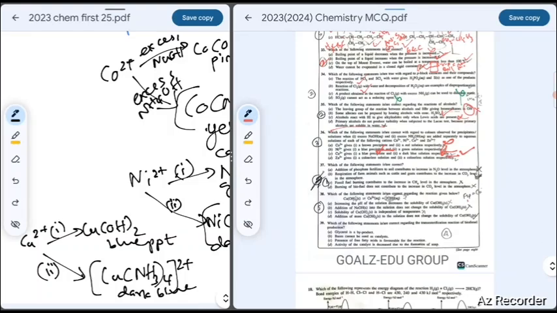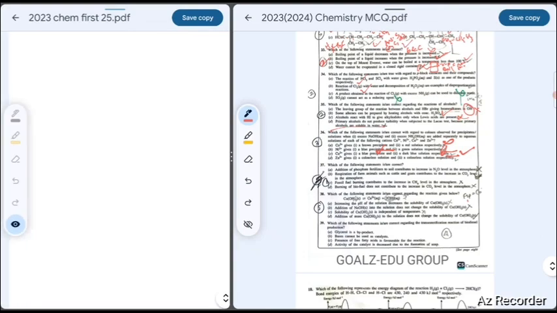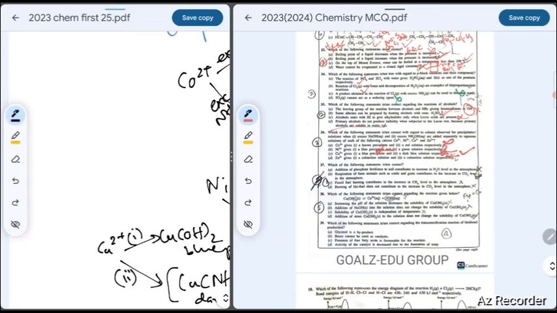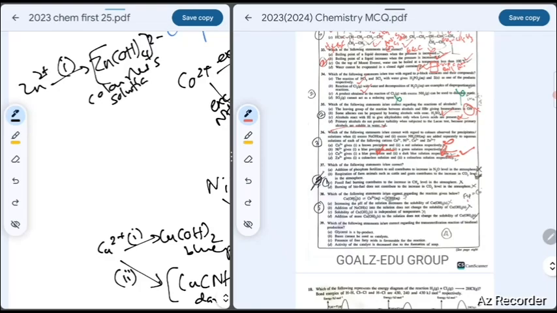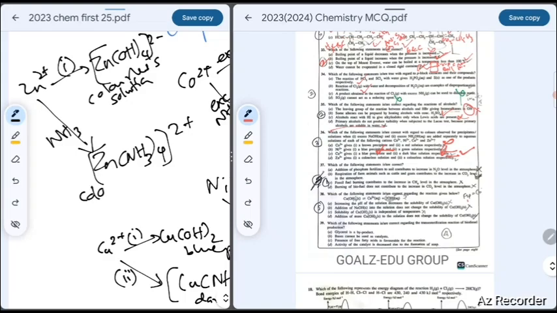Let's see zinc 2 plus. With excess sodium hydroxide, it will give Zn(OH)4 2 minus, which is a colorless solution, and with ammonia it will give Zn(NH3)4 2 plus, which is also a colorless solution.